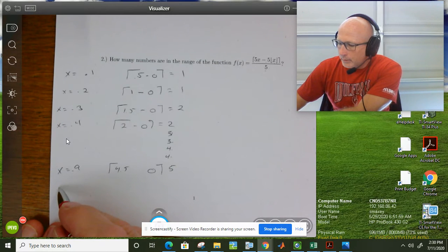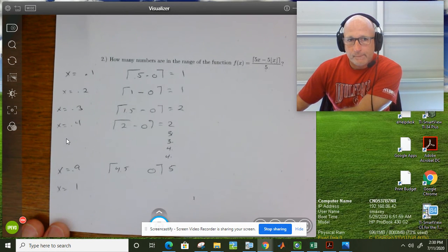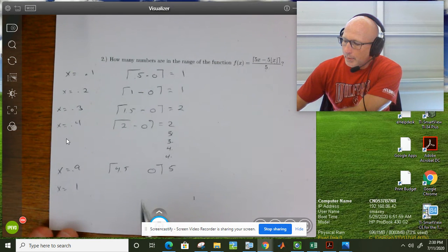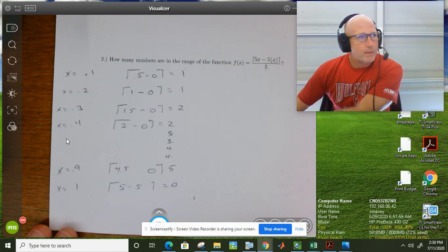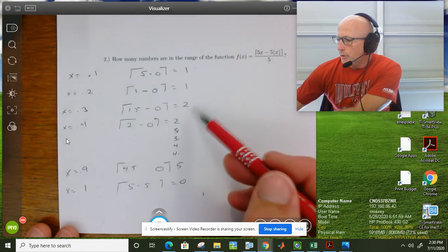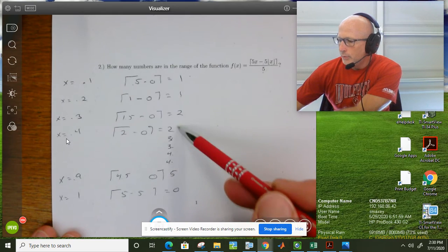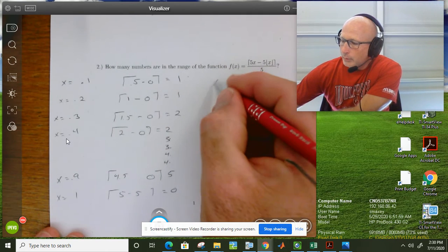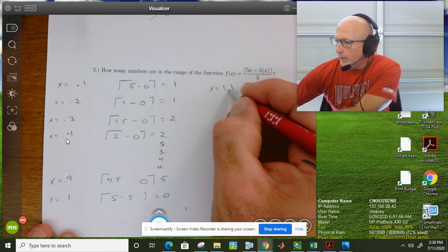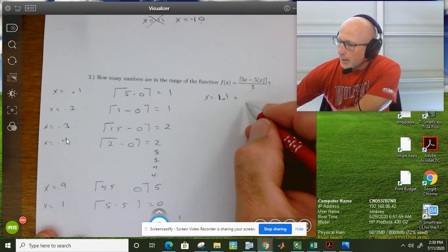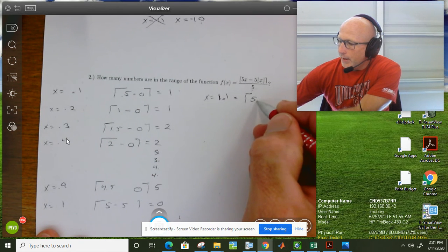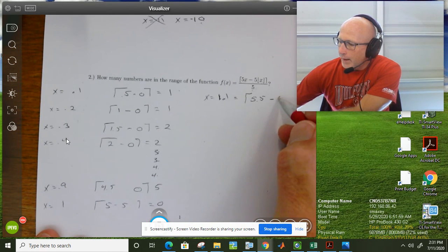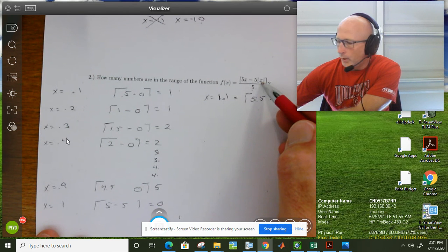Now, when I go x is equal to 1, that's just 1/10 up above here, then I'm going to have 5 minus 5, which goes back down to 0 again. So it starts at 0, 1, 1, 2, 2, 3, 3, and so on. What about x is equal to 1.1? 5 times 1.1 is 5.5, minus 5, because the floor function of 1.1 is 1.